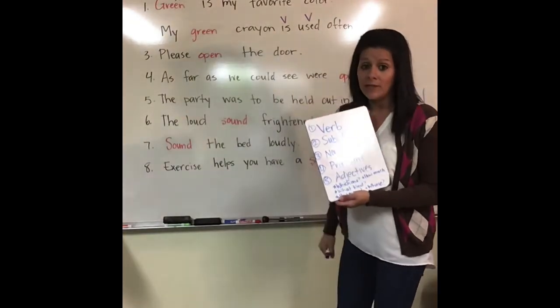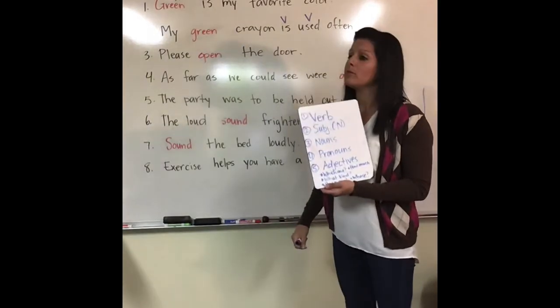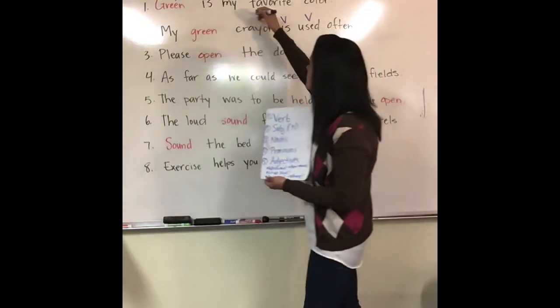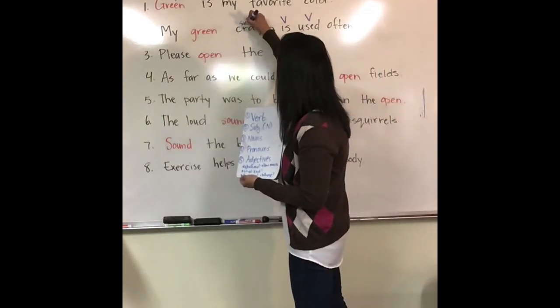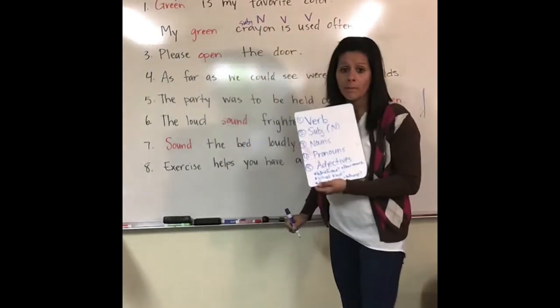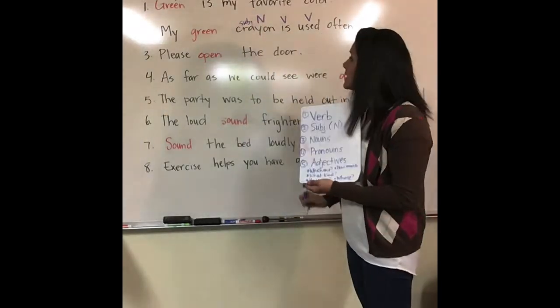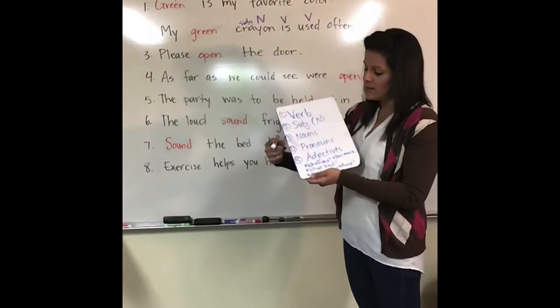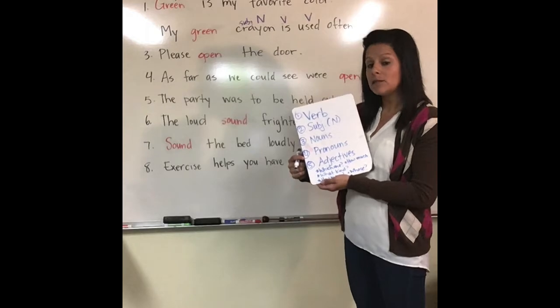Now some of you, I think, just said green crayon. No, the crayon is used. So crayon is our subject, but we know that that means that it's a noun. Are there any other nouns in this sentence? Nope, that's it.